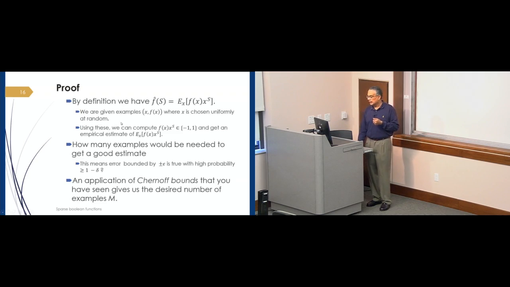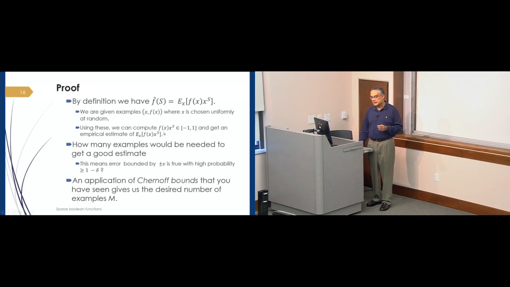So we are given examples, x and f(x), x chosen uniformly, and using these we can compute f(x) times x to the power S, which will be either -1 or +1, and ultimately get an empirical estimate, experimental or running estimate, of this expectation.